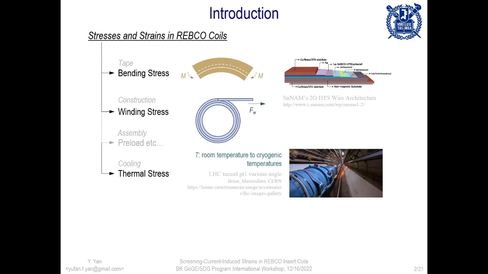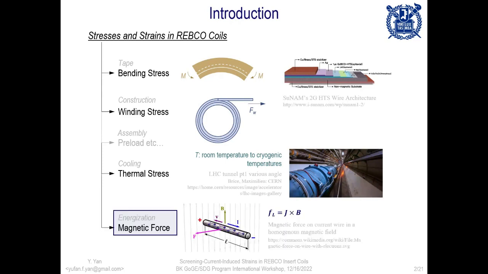Afterwards, to reach the desired state of superconductivity, we need to cool the coils down to a cryogenic temperature, which causes the thermal stress due to a mismatch of the thermal expansion coefficients between different materials. Finally, we would expect a certain level of magnetic force when energizing the coils. And this part will be the focus of this study today.